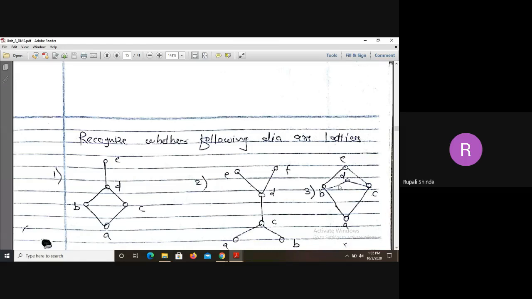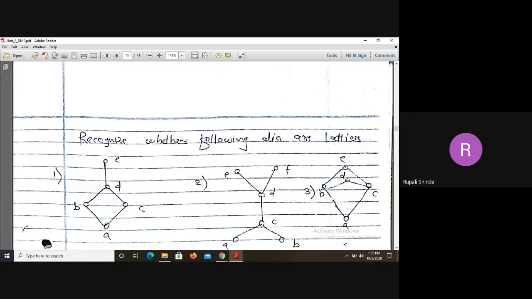That's why this is not a lattice. In order to be a lattice, there should be only one greatest lower bound and least upper bound. But this is not the case with this third diagram. That's why this is not a lattice.